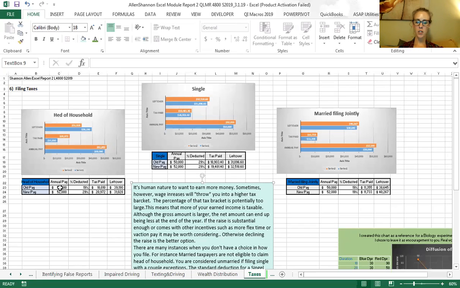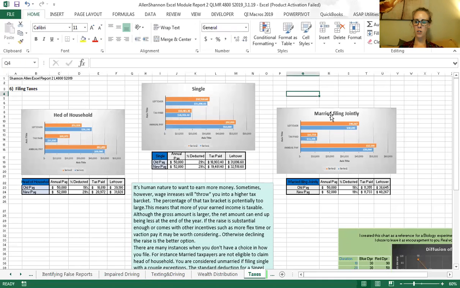We just used that all across the board to make our calculations. And we did notice that there is a 19% deduction taken for those who file as head of household. There's a 29% deduction for those who file single. So it's actually, you get penalized for being single.